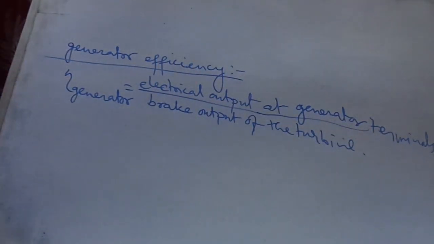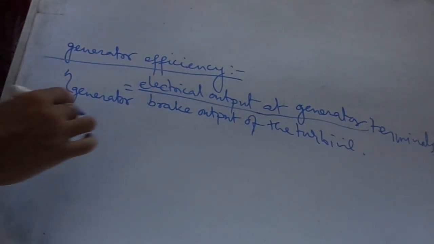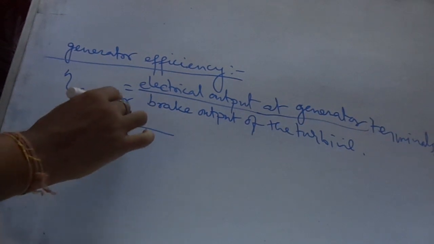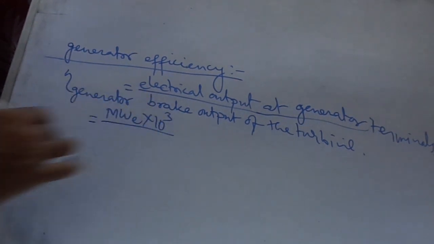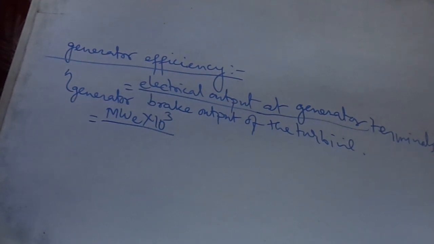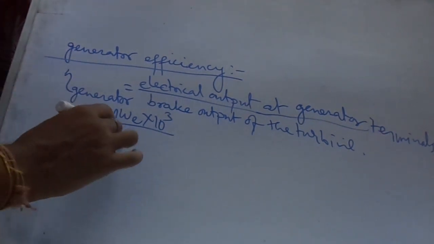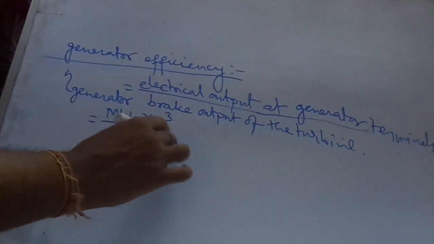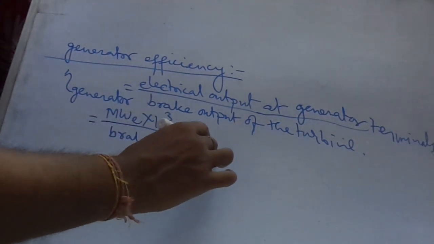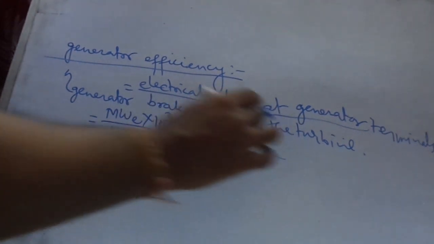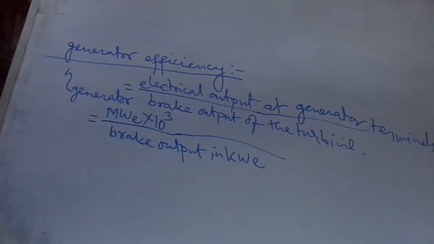That is the formula: MWE into 10 cube divided by the brake output in kWe. So that is the generator efficiency.